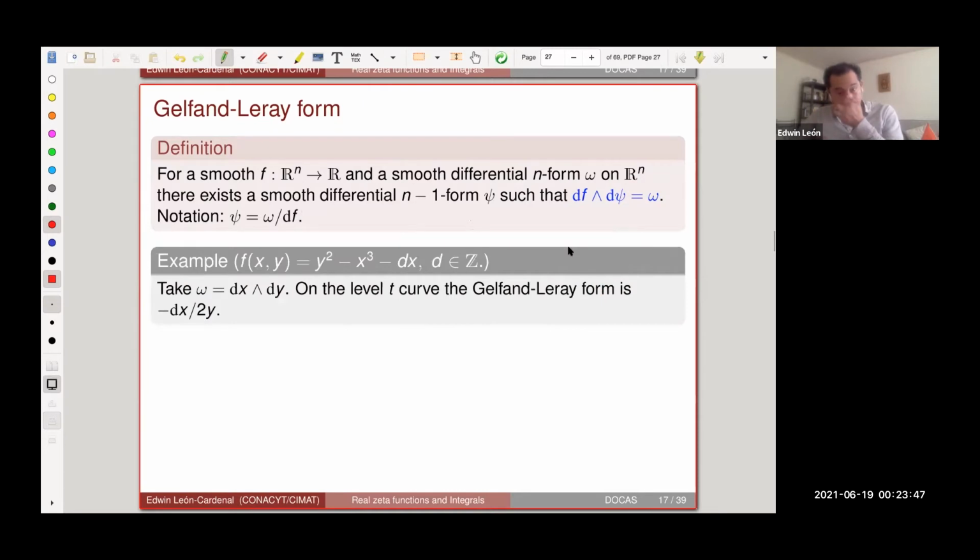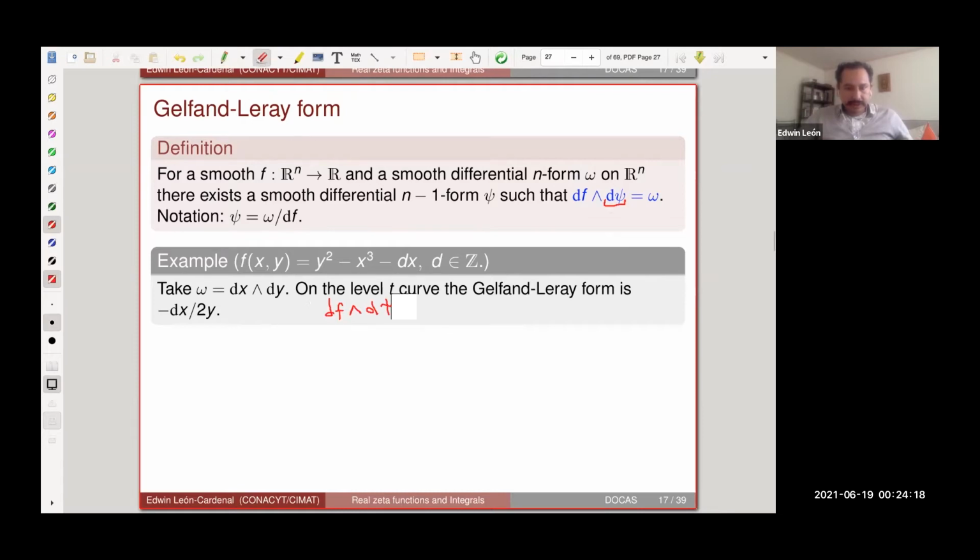Here is an example. If you consider this polynomial, then you need to find a form psi satisfying this relation, and you can find it just by the very definition. You need to compute the differential of f, and then look for some function of this form.